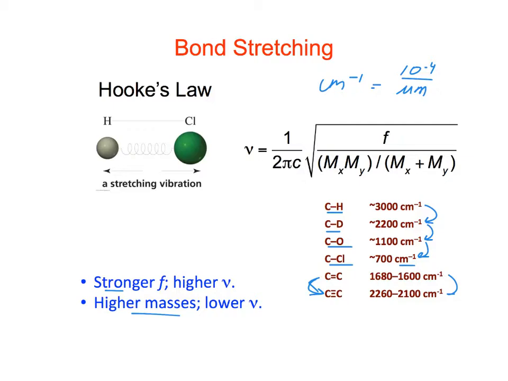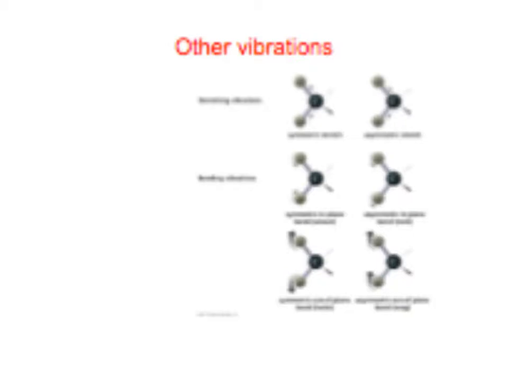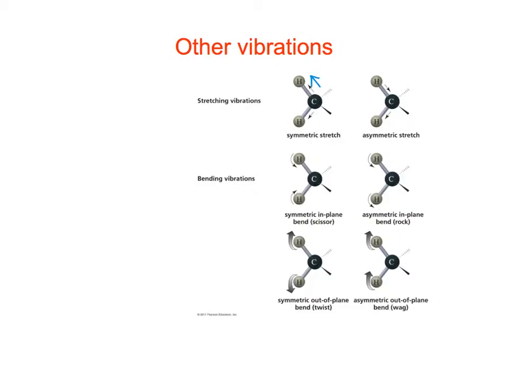Not all motions that we observe in the IR are just simple bond stretches, though. For example, CH2 groups can have all kinds of different motions. So if these two H's are stretching out in a symmetrical fashion, these are just called symmetrical stretches, but you're looking at this 3-bond motion, okay?